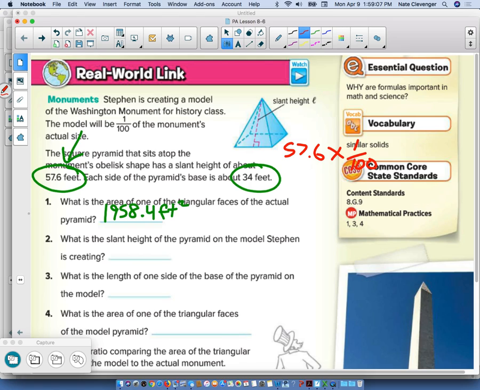Yeah, move the decimal over the number of zeros. So we're going to take 57.6 and move the decimal over 2 places to the left, which gives us the value of our model slant height.